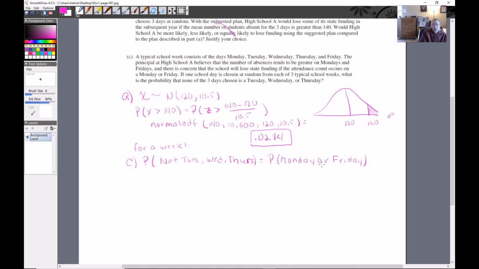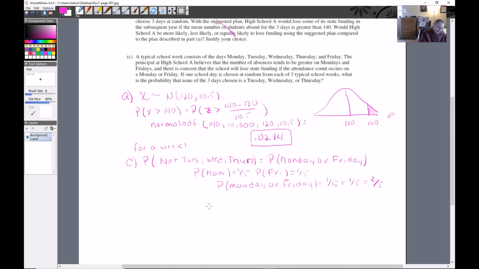Same thing. So now instead of working with 3 things, we're working with 2. The probability of it being a Monday is 1/5, and the probability that it's a Friday is also 1/5. So the probability that it's Monday or Friday is 1/5 plus 1/5, because or means plus, which is 2/5.